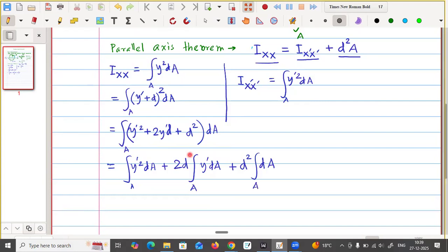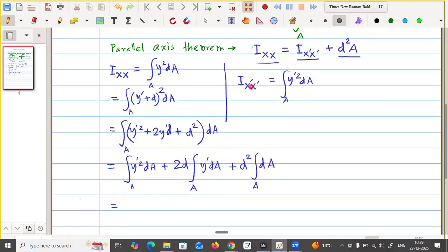Okay. Now you see that what is this? This is basically this one. Right. I x prime, right? X prime. So that is the area moment of inertia about the centroidal x-axis parallel to x, right?